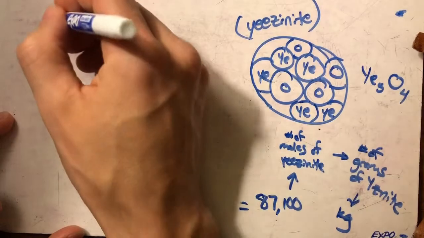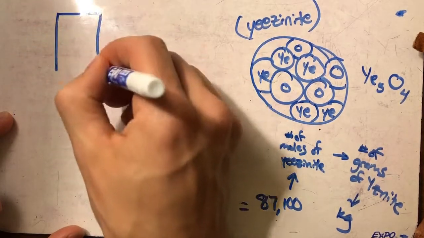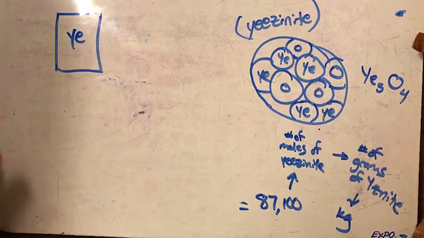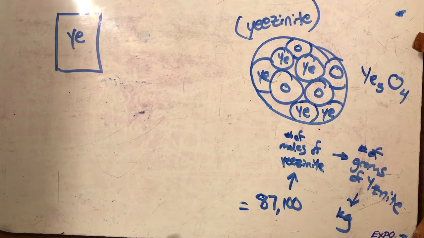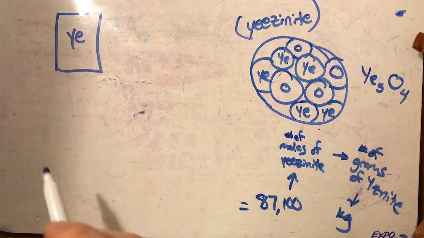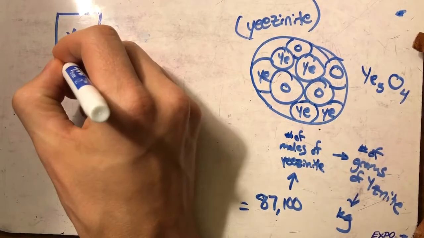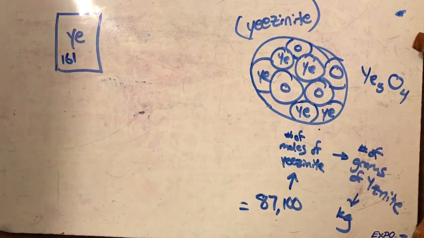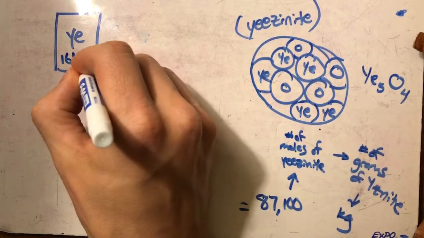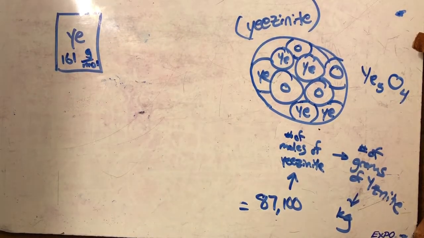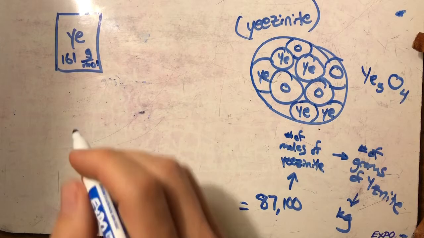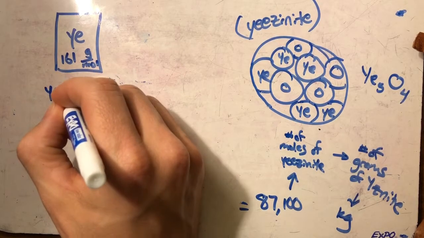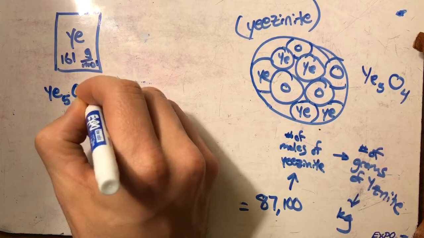Oh, okay. So imagine that the periodic table has Yeezinite on it, okay? And I don't know exactly what molar mass you were given in your Yeezinite question on Canvas, but let's just say the molar mass of yttrium, the atom, is 161 grams per mole. Okay, so now we have Yeezinite, Y5O4.